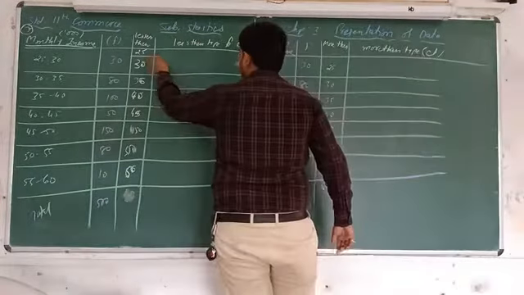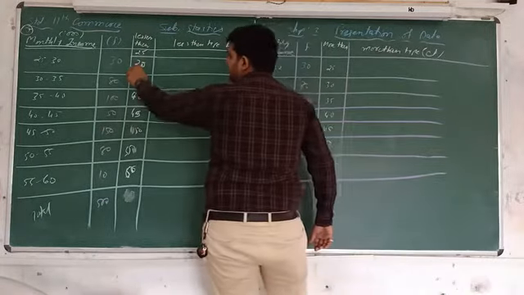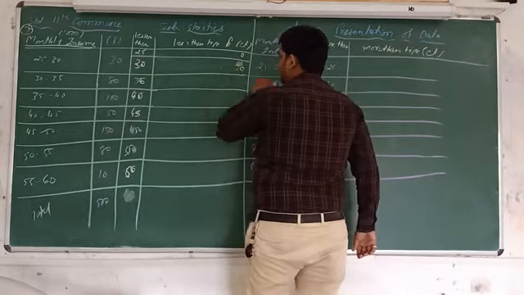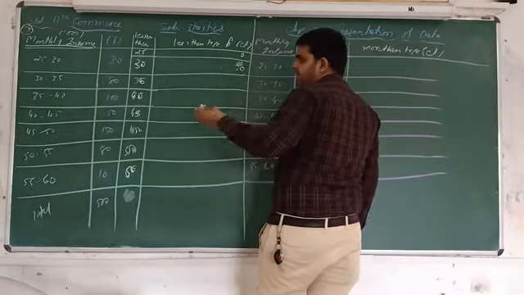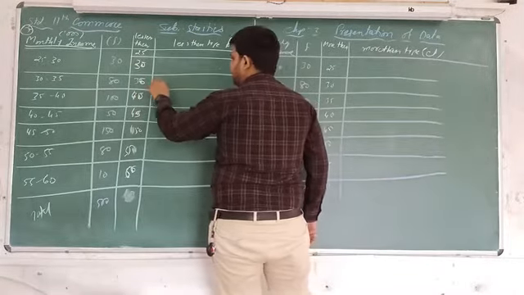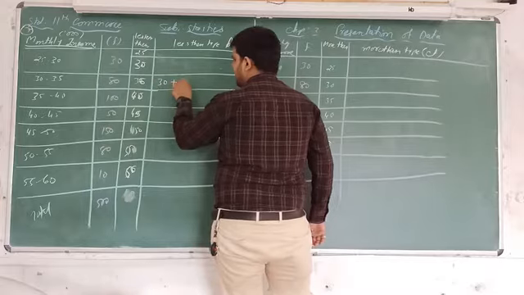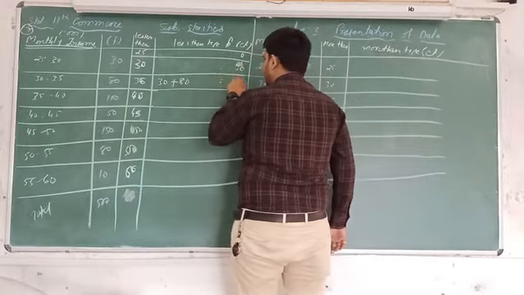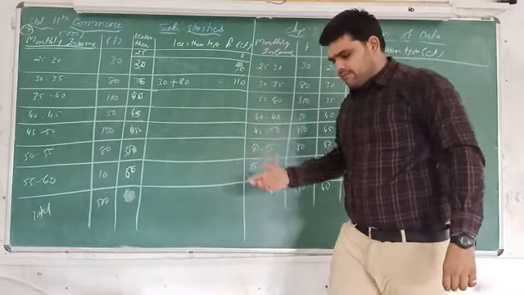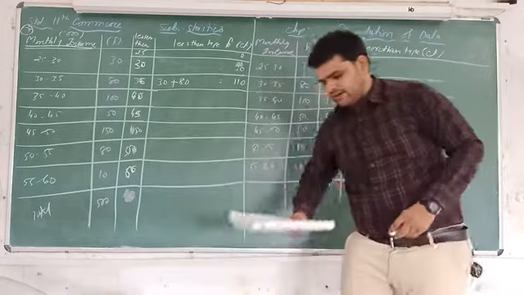Less than 30,000, 30 people are there. Then less than 35,000, already 30 people plus 80 added, so it is 110. Same as in the above example, we have to calculate.